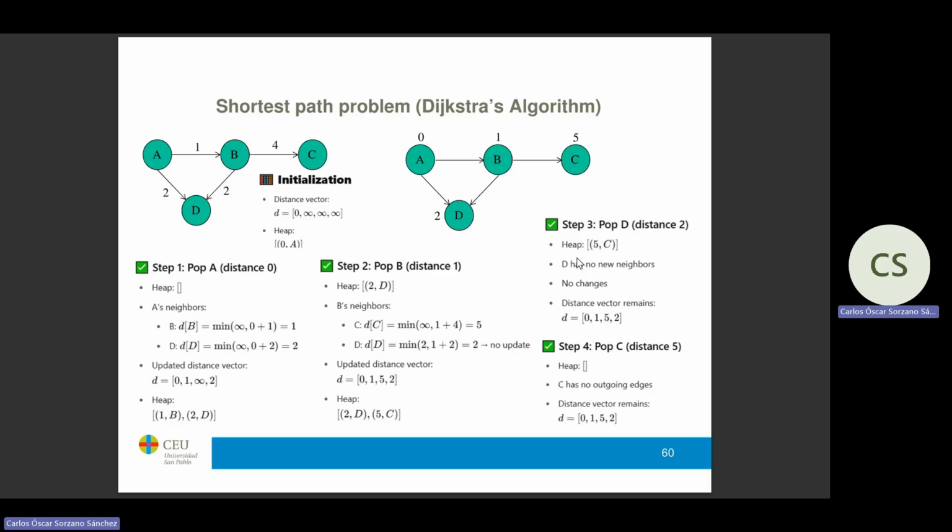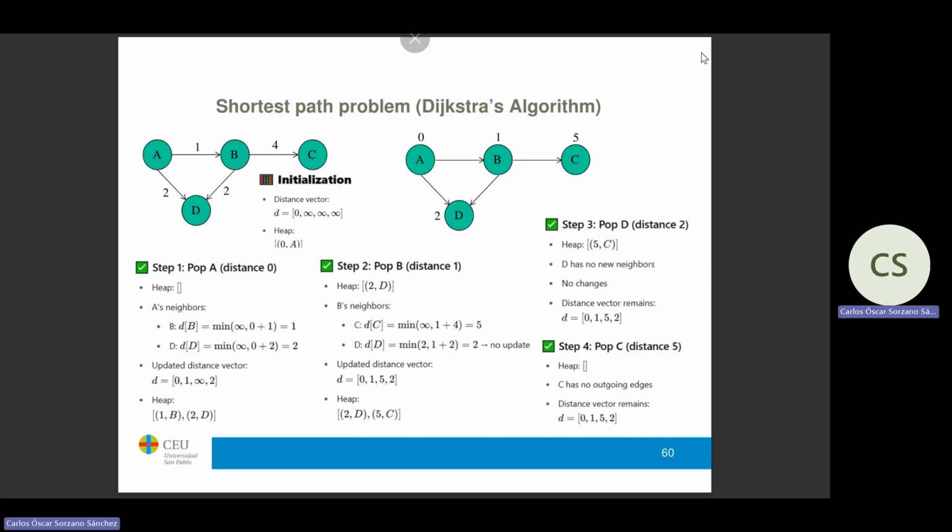You pop again. D has no neighbors, because this is a directed graph, so you cannot escape from D. There are no changes, and then you pop C, and again, C cannot go anywhere. So this is your final step.